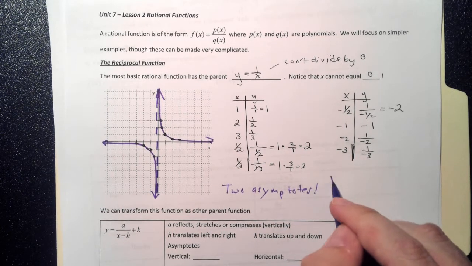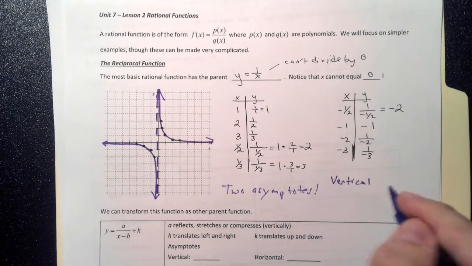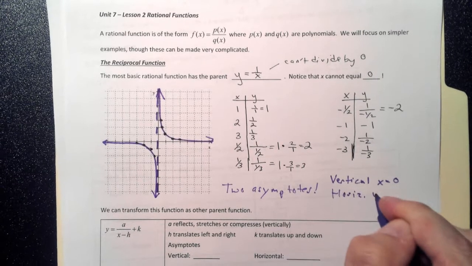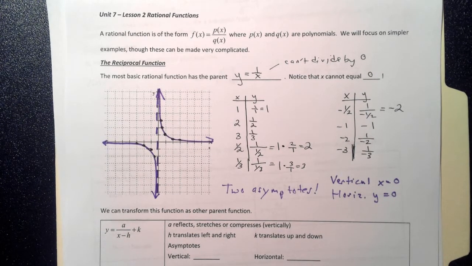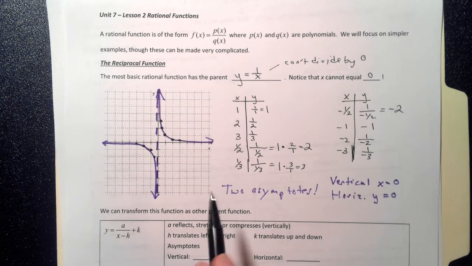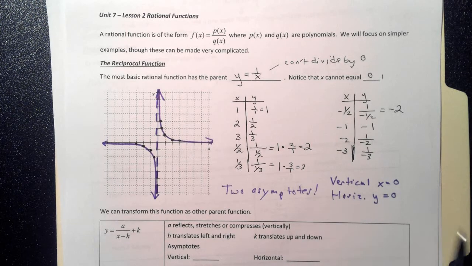A vertical asymptote of x equals 0 and a horizontal asymptote of y equals 0. This is pretty typical for rational functions. They'll have both a vertical and horizontal asymptote. So in this case, with just 1 over x, I have two very simple asymptotes, x equals 0, y equals 0.